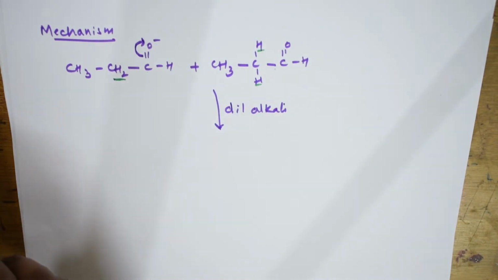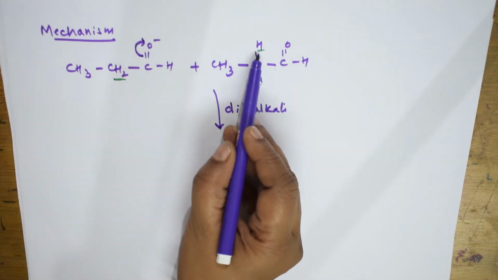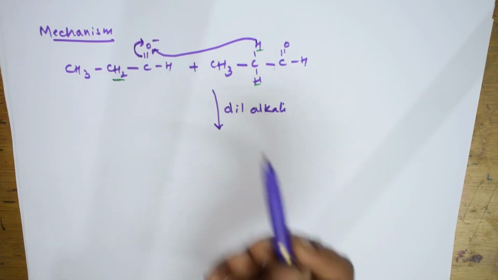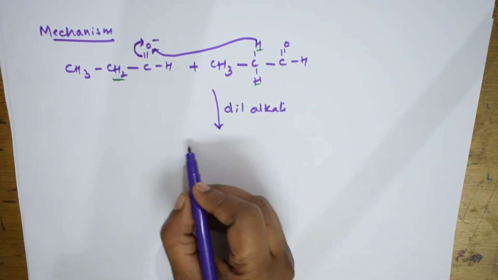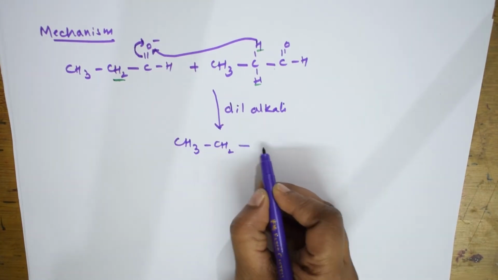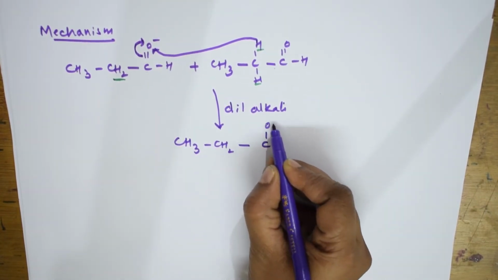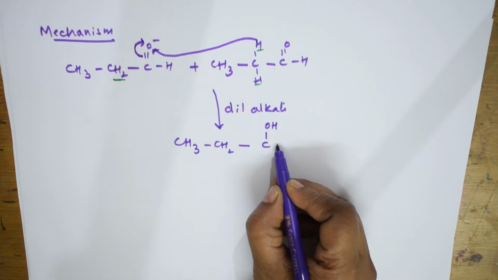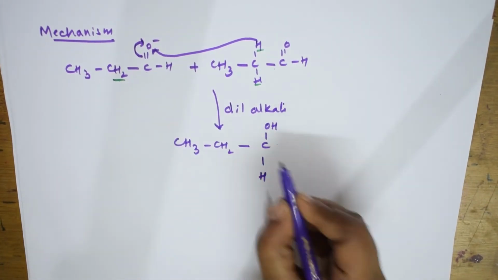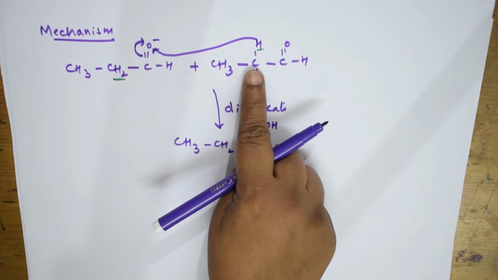Now the alpha hydrogen from here comes and attacks this oxygen. I'm doing it in a simpler way, not in detail as I told you. For the competitive exams, there's a different level of understanding. So I'm just writing for the CBSE board, OH and this compound. Now this H is still here only. Done. Next one.